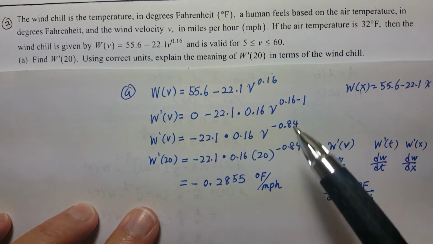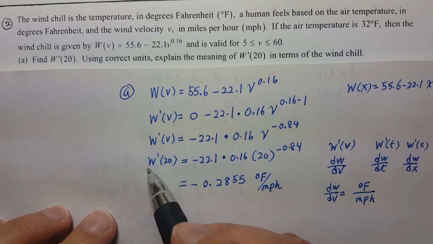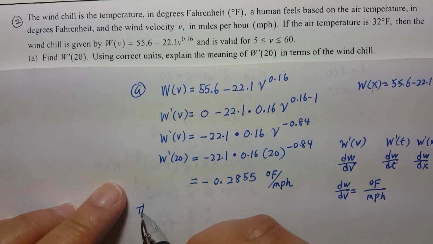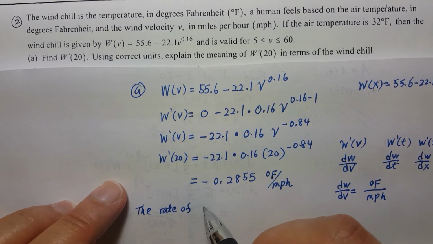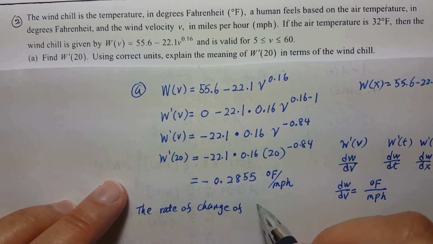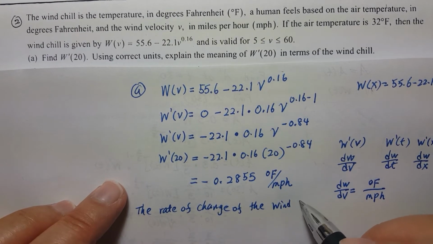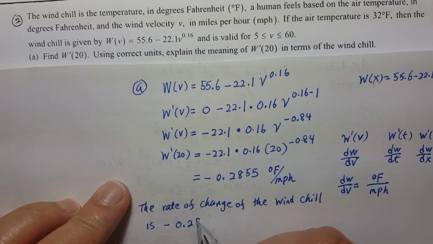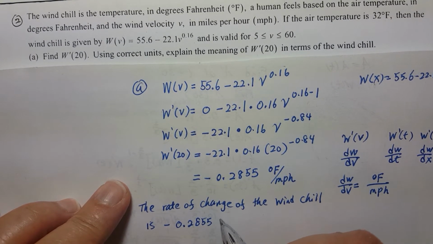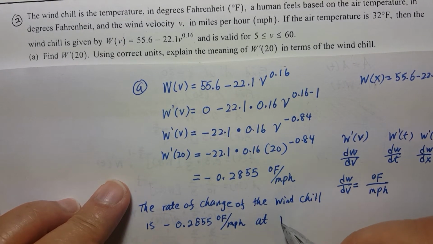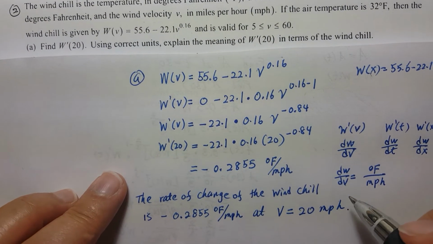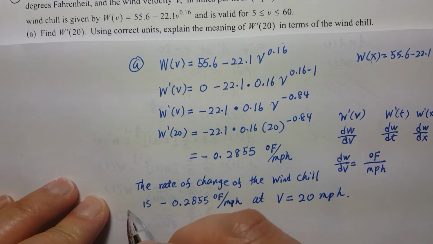Now we're going to explain the meaning. W means the wind chill, and this is the slope. So that means the rate of change of the wind chill is negative 0.2855 degrees Fahrenheit per mph at V equal to 20 mph. Okay, this is one version you can write.